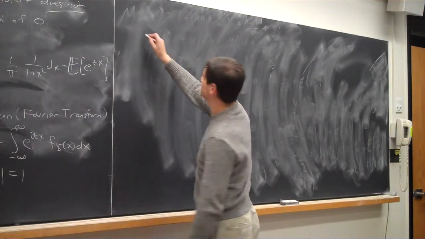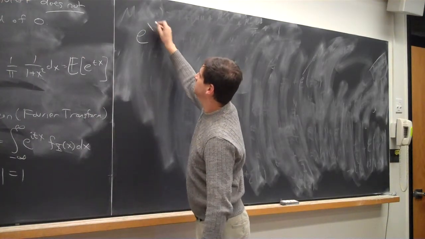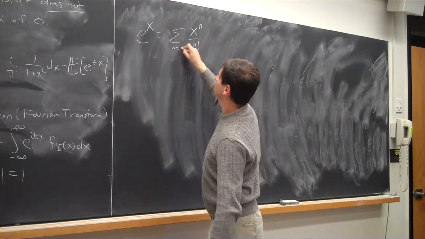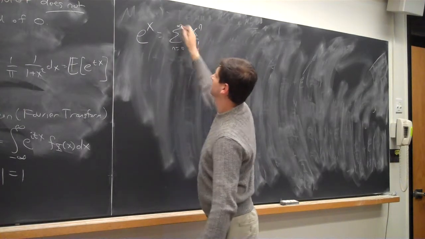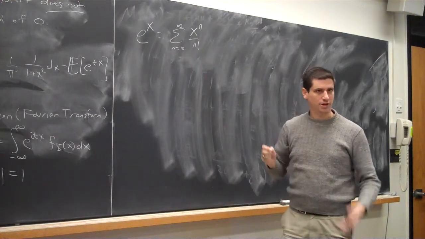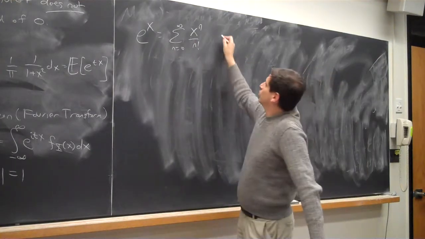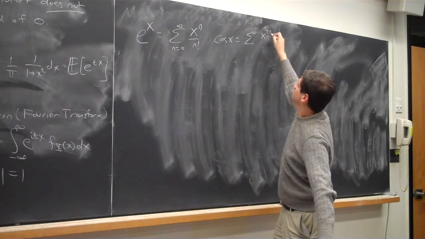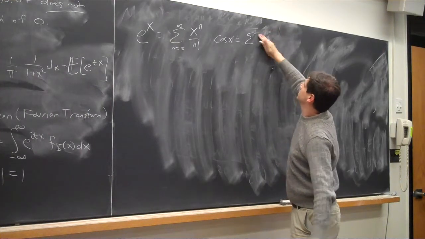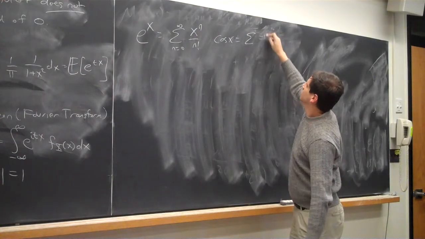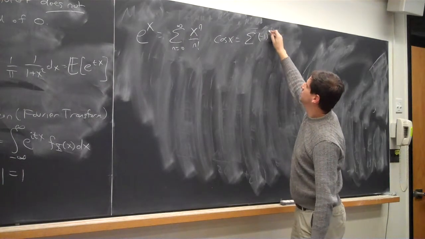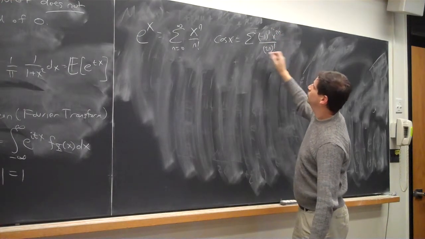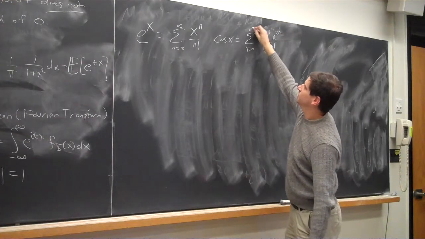So let's do this. e to the x is the sum of x to the n over n factorial, n goes from 0 to infinity. Everybody agrees with that. Cosine of x is the sum of negative 1 to the n, x to the 2n over 2n factorial, n goes from 0 to infinity.